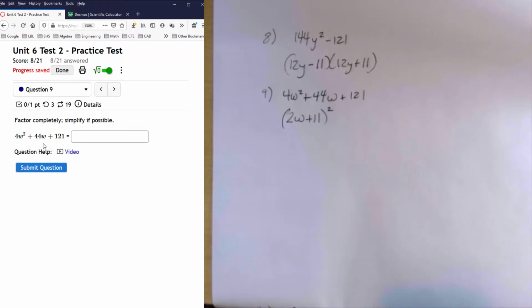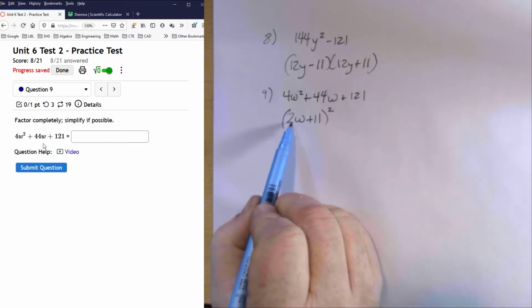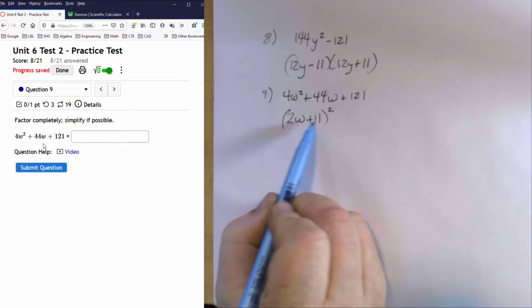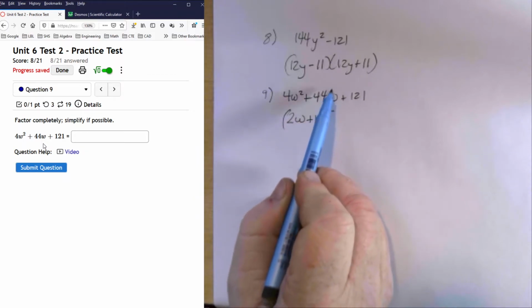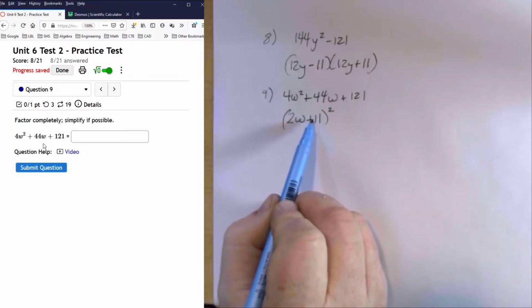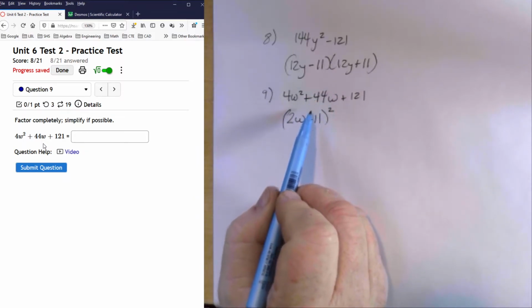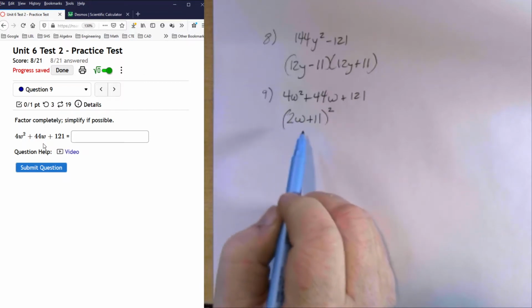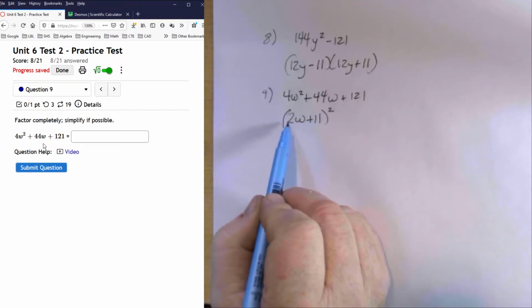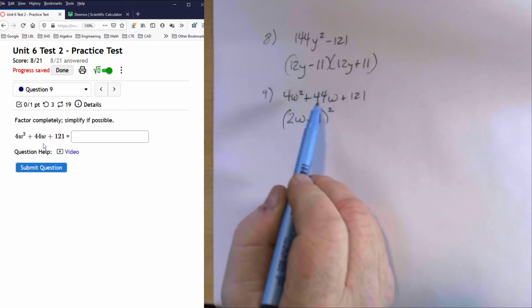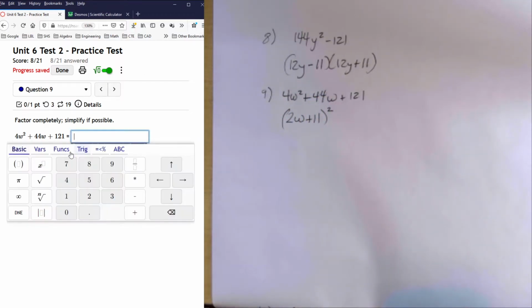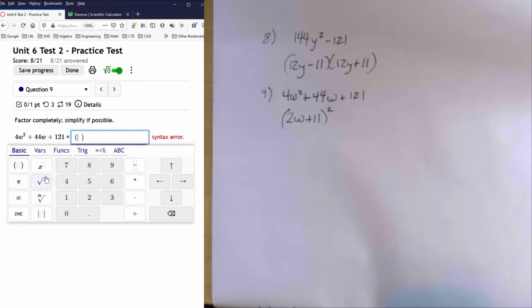Okay, and so the pattern there, right, is this squared on the first term, this squared on the last term, and then the middle term is this times 2. Because when we combine those middle terms, we get 2 of them. So it would be 22 times 2 gives us 44. So again, those special patterns, if you recognize them, it really is a huge time saver.